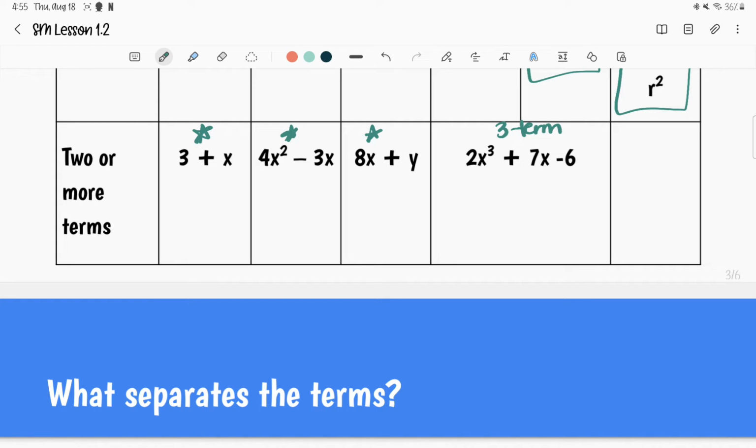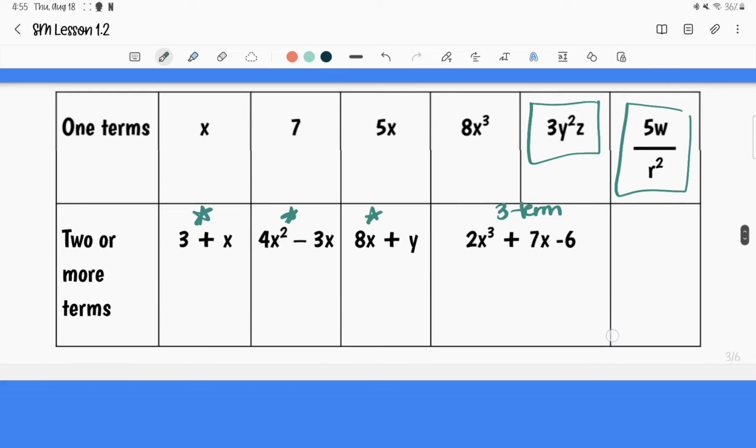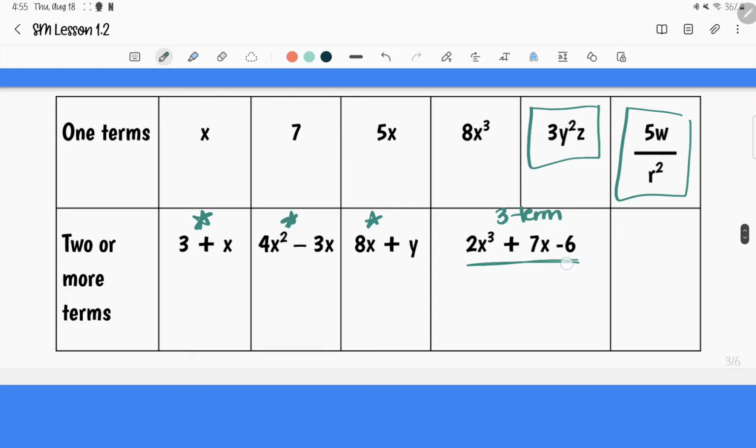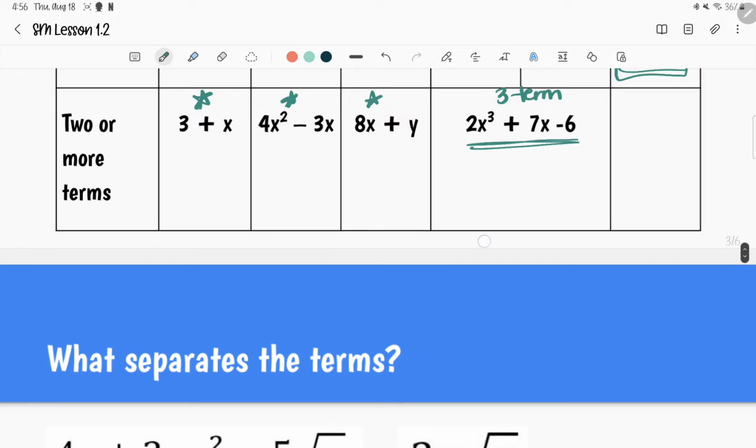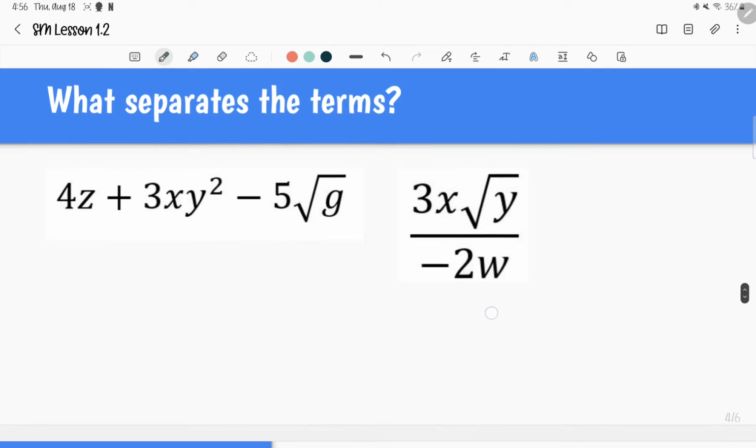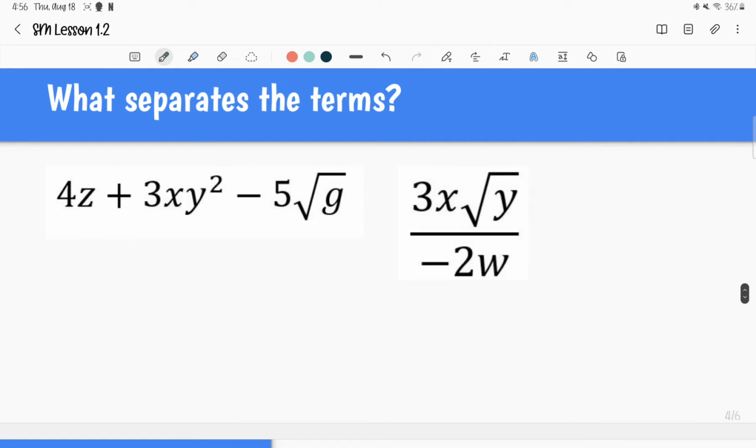So what we want to know, though, is how do we determine if it's a three-term one, like this one here, or if it's a one-term one like this? Because to me, this one up here looks like it could be a two-term just as much as this one's a three-term. So let's talk about how we know. If you look at these two, and these are on your paper, this one right here is a three-term, and this one is just one term.